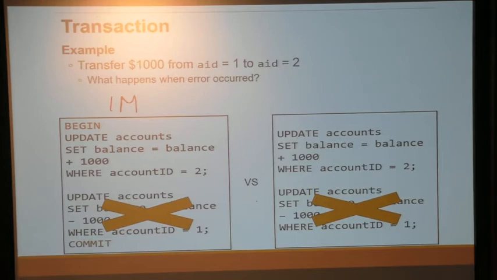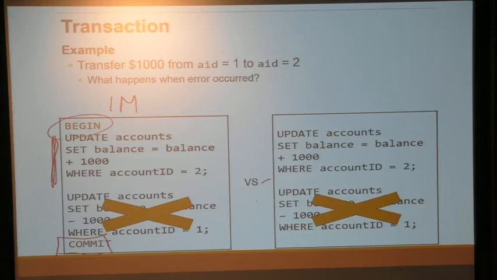Because this one fails, you do not perform the commit. You go back to the begin, and you roll back every operation that is performed after the begin. So it is as if this operation has never occurred at all.